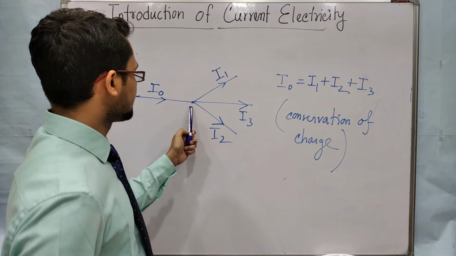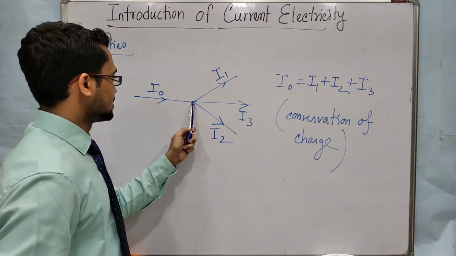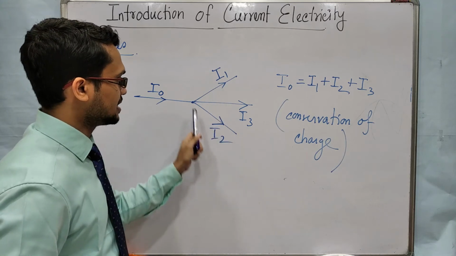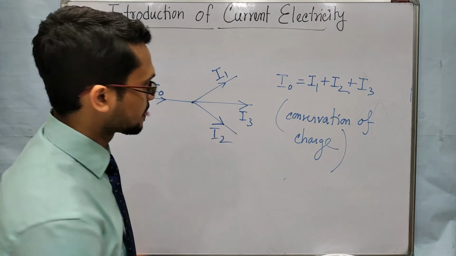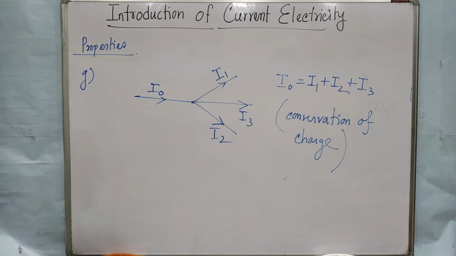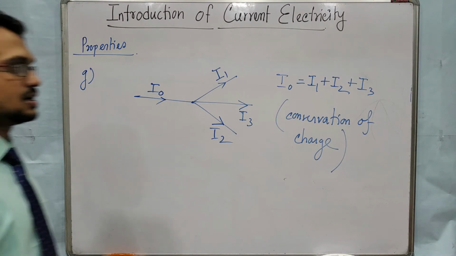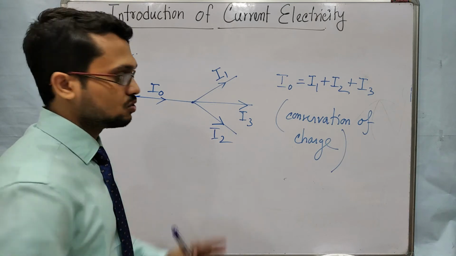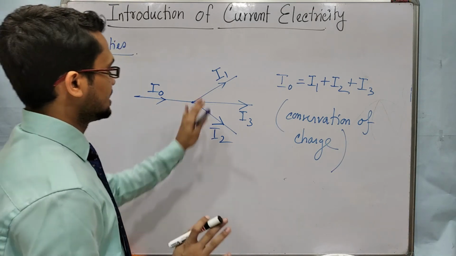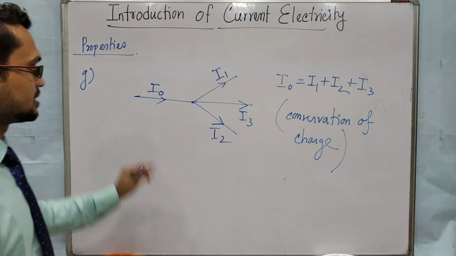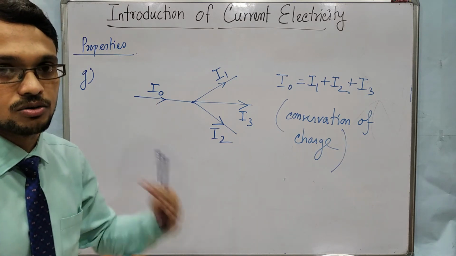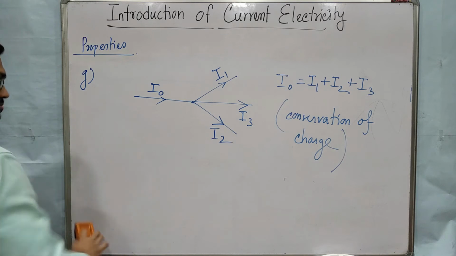At any junction, the total current coming to that point is equal to the total current going out from that point. So this is due to conservation of charge. That means no charge will accumulate at any point inside the wire. Whatever charge is flowing through that point, the charge will flow. No accumulation. Understand?